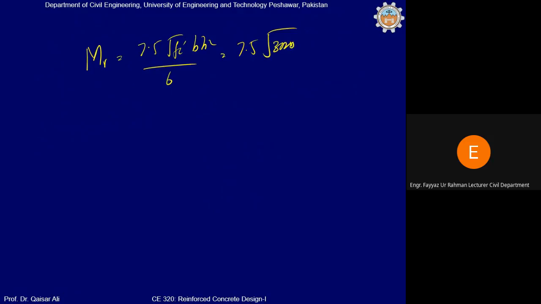I told you that whenever Fc prime comes in the square root, you will use the units of psi. B in this case is 12, H is 18, square divided by 6. Quickly, शाबाश, बताएं, what is the value of MR?